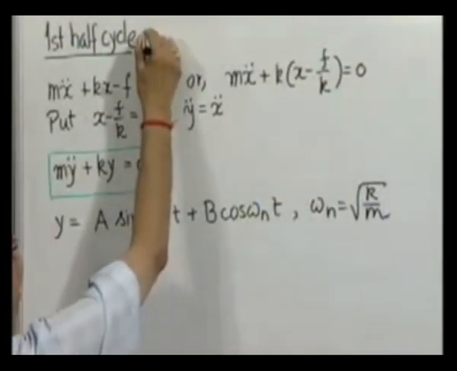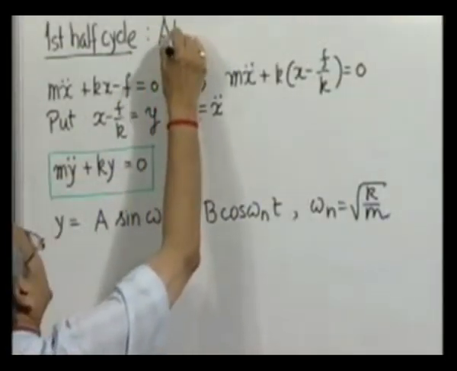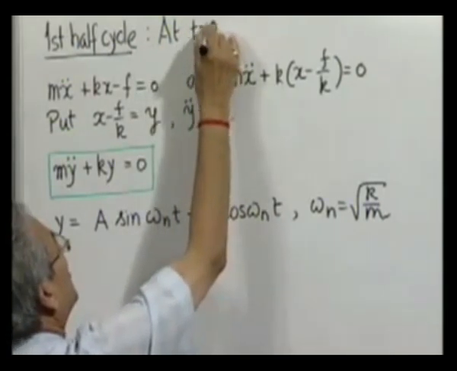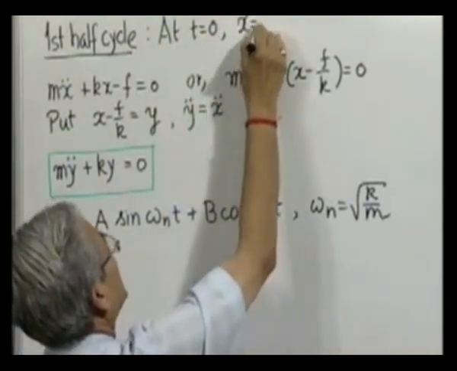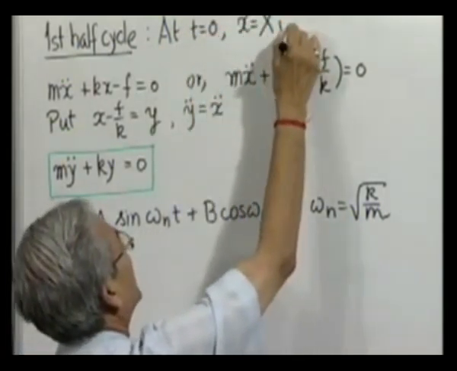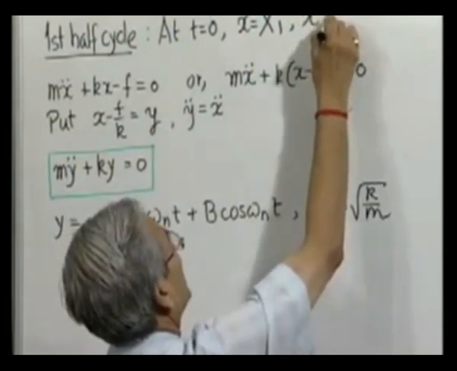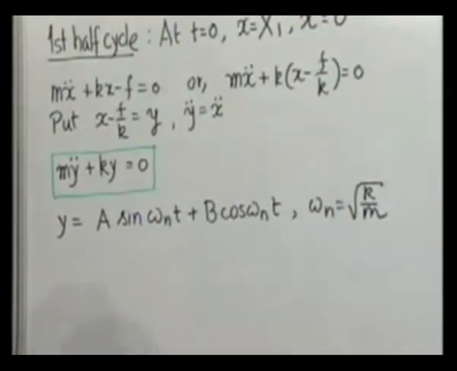Now, to find out A and B, we have to put in the initial condition for the first half cycle: at t equal to 0, x is equal to x1, x dot is 0. So, we are putting this at t equal to 0 in terms of the new variable y.